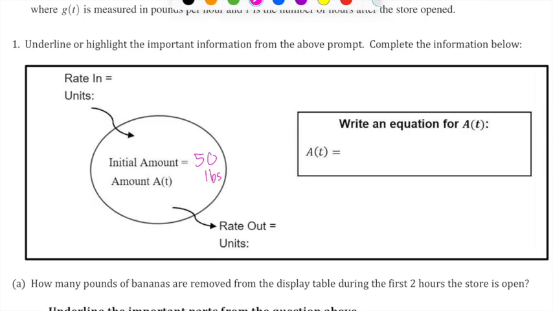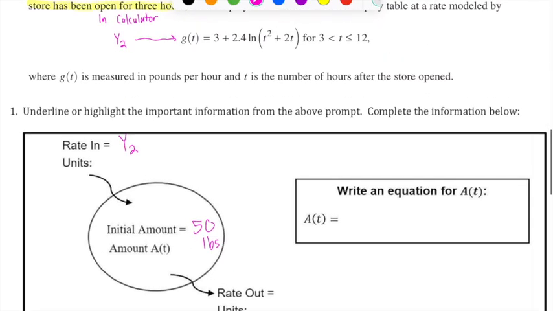In this case, it is g of t, which is Y2 in the calculator. This function models the rate in. Our units are in pounds per hour. And then our rate out function is f of t, which in our calculator is Y1, again with units in pounds per hour.